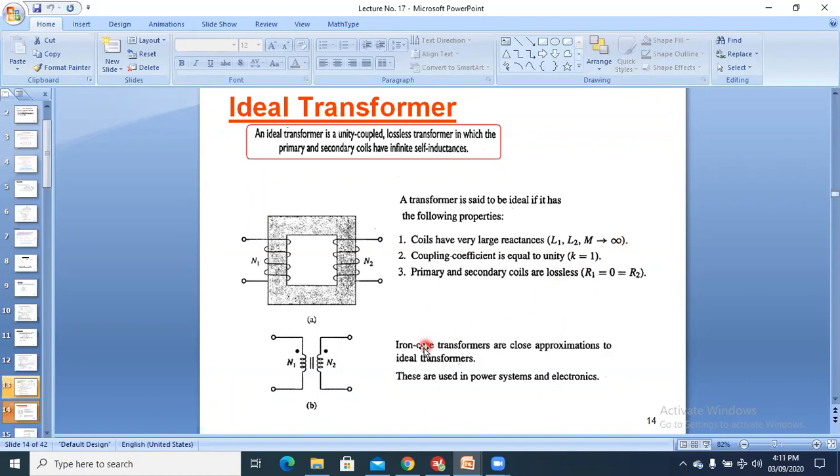So iron core transformers are a close approximation of this ideal transformer. Such transformers are usually termed unity transformers and are used in power systems and electronics.